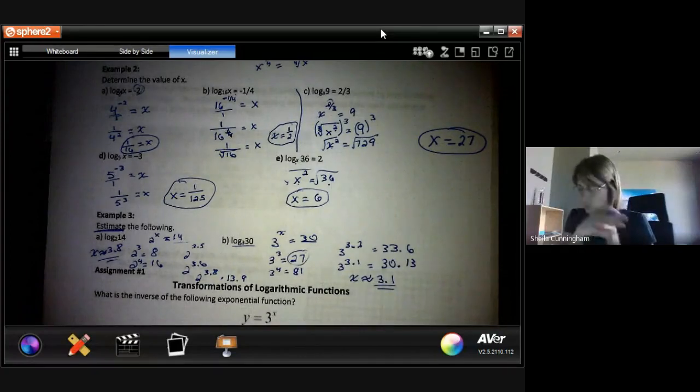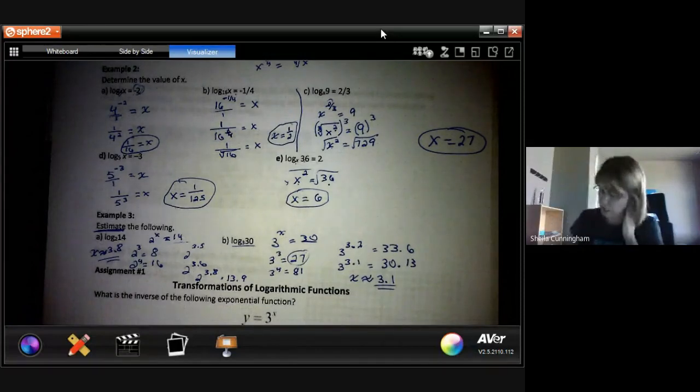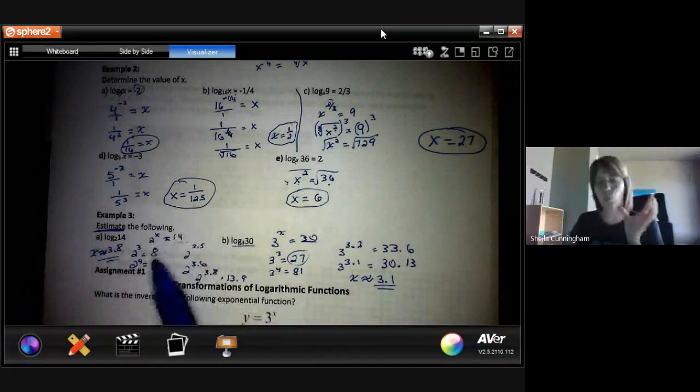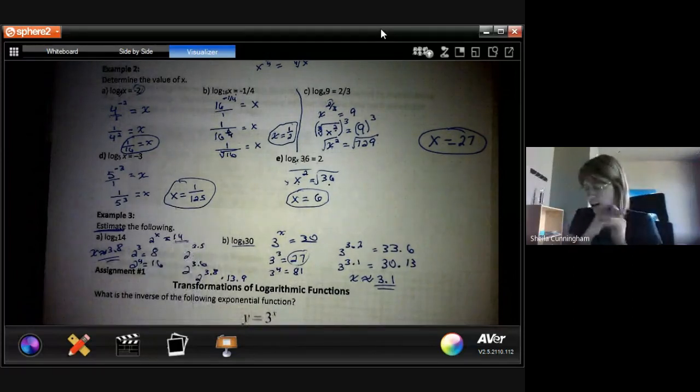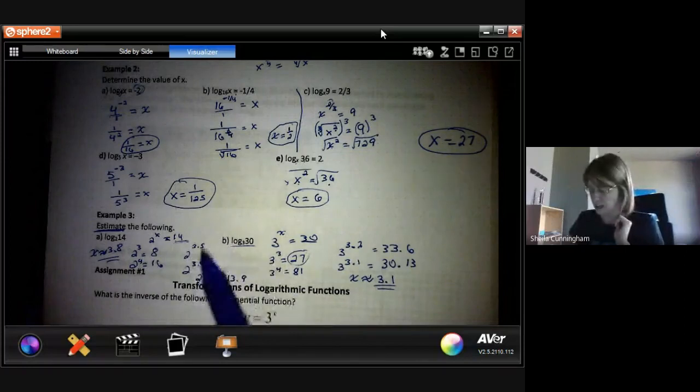So when you see questions or you're working through questions and you're asked to estimate, this is what you're doing. You're picking a low and you're picking a high around the value that you're trying to find, right? And then from there, you're going to start to guesstimate. You can use your calculator to find out those little pieces.